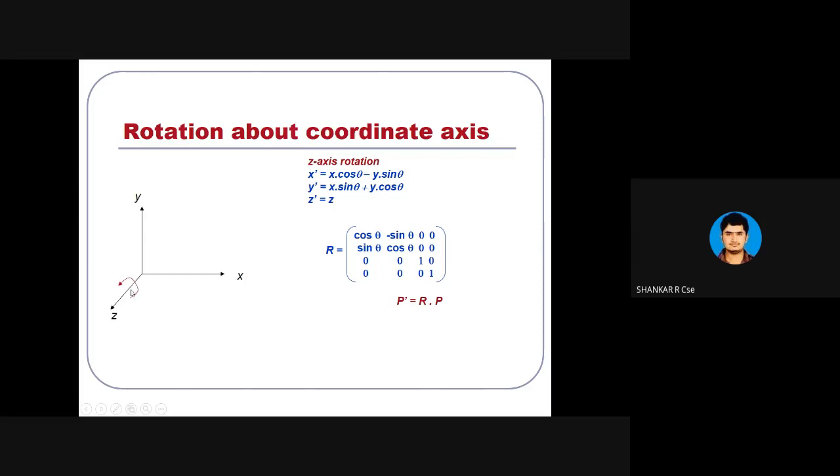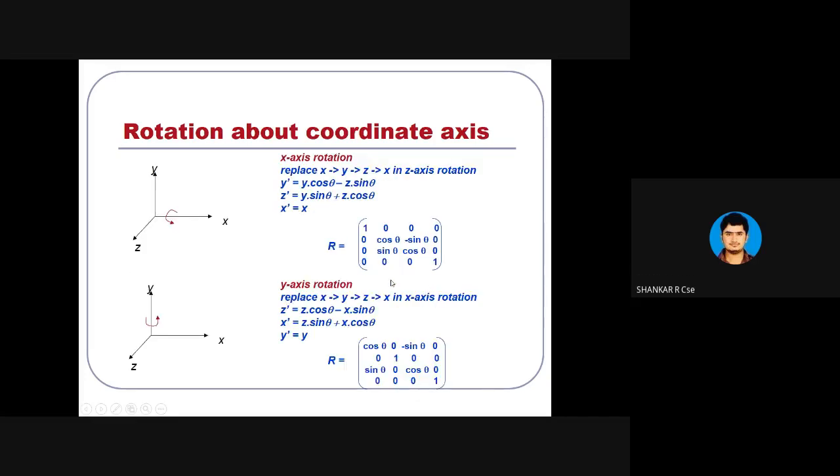Since you are rotating an object via z-axis, z-axis remains unaffected. That is why z dash is equal to z. And you can see in the third row, third column, it is 1. So 1 in the sense doesn't affect. So x and y get changed. And this is the rotation. And this rotation matrix you need to multiply with every point.